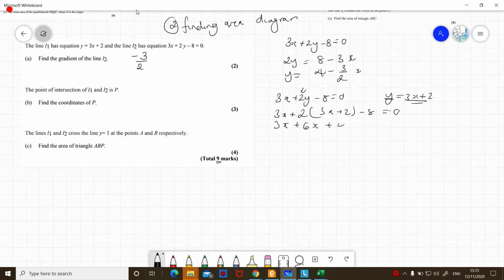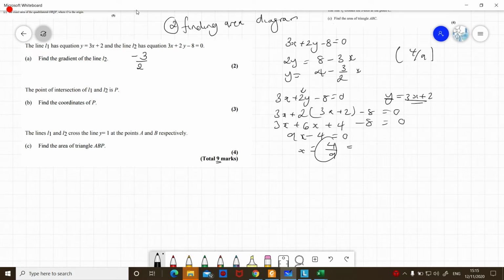So 3x plus 6x plus 4 minus 8 equals 0. So 9x minus 4 is equal to 0. So x equals 4 over 9. So our x coordinate is 4 over 9.